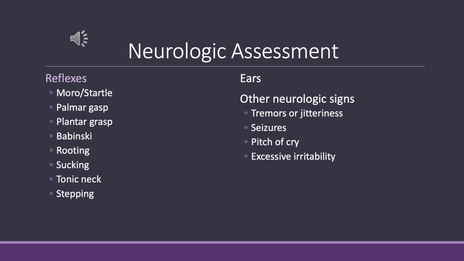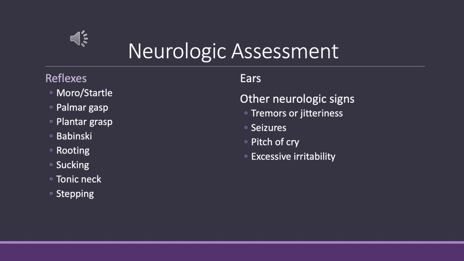The neurologic system of the newborn will be assessed primarily through the presence, strength, and symmetry of the reflexes. Any diminished reflex could indicate illness, and the absence of a reflex can indicate a serious neurological problem. Your book has several wonderful pages on reflexes to review.